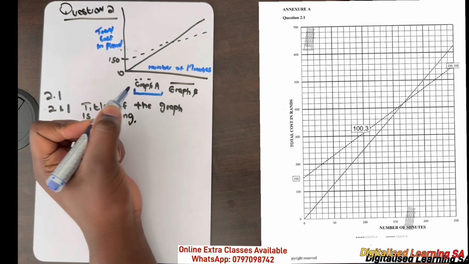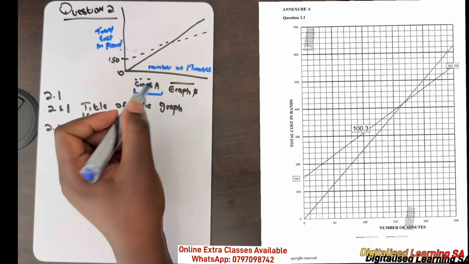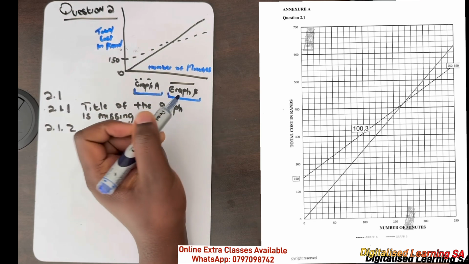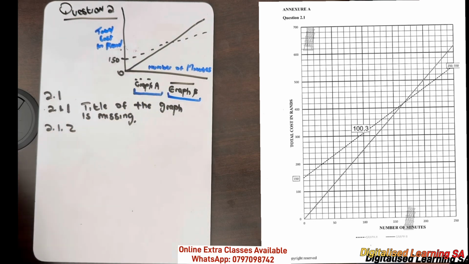Graph A is represented by dots and graph B is represented by a line. Our question is which graph will possibly represent the contract option, and we are supposed to give a valid reason for that.